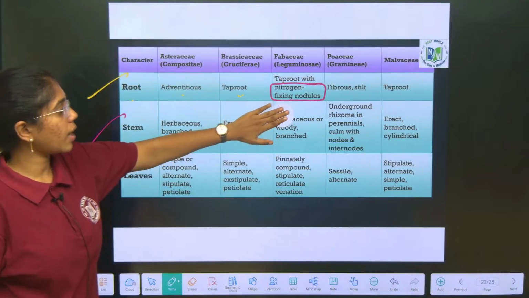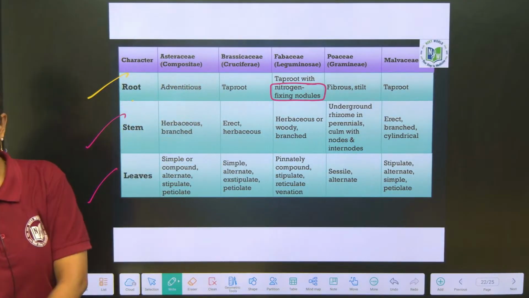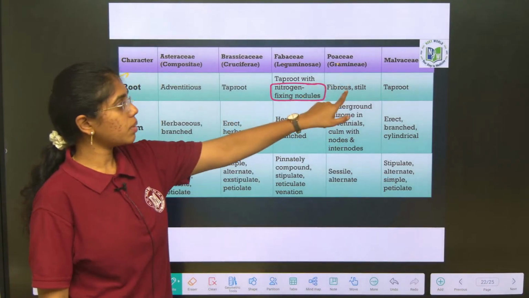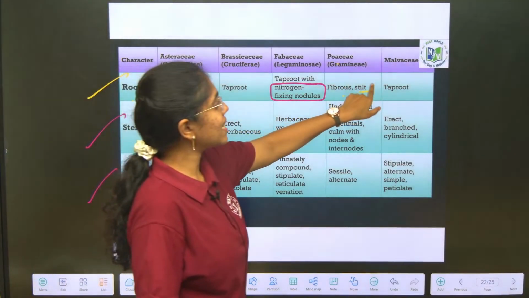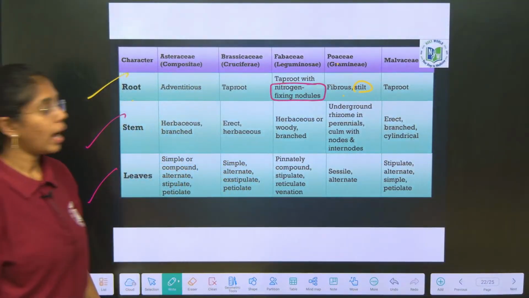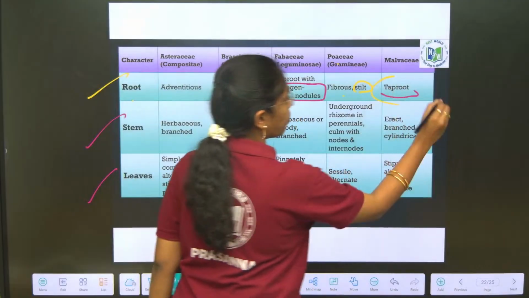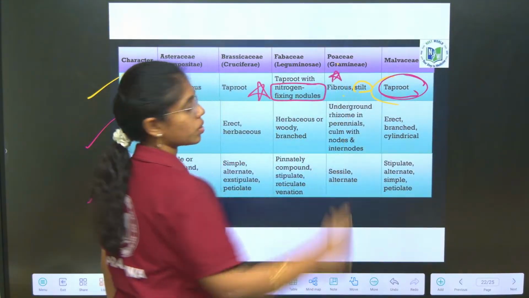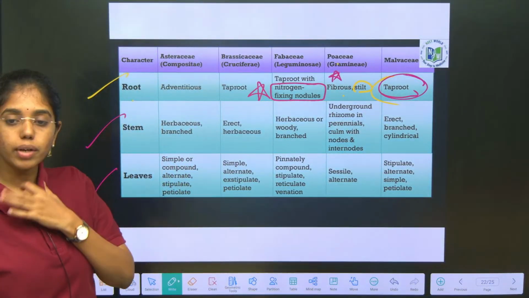Symbiotic association, Rhizobium. Symbiotic bacteria, that is Rhizobium leguminosarum. Clear? Next, in Poaceae members, fibrous roots or stilt root modification is also seen, which gives mechanical support. And then Malvaceae, taproot system. Here what you have to highlight, beta?